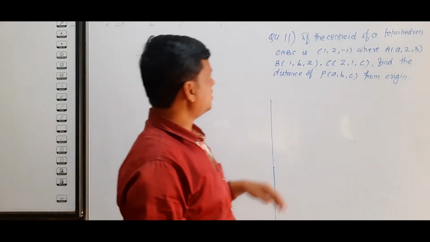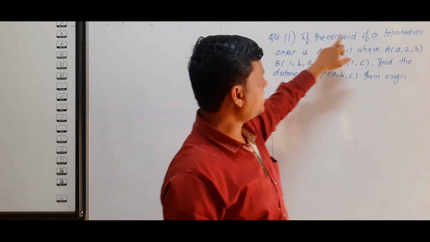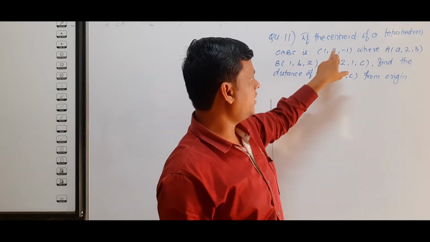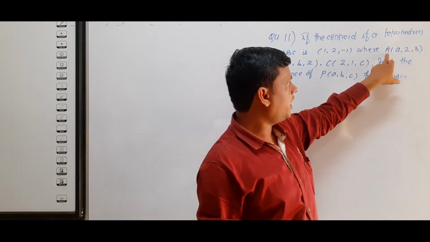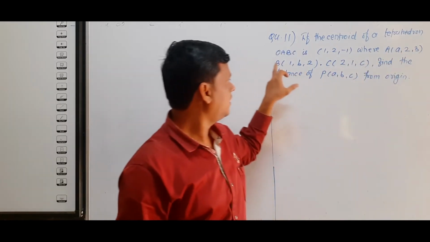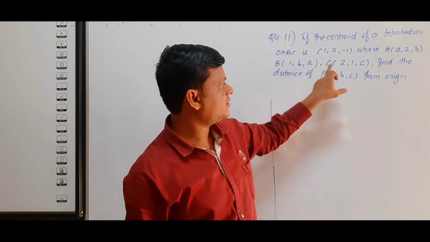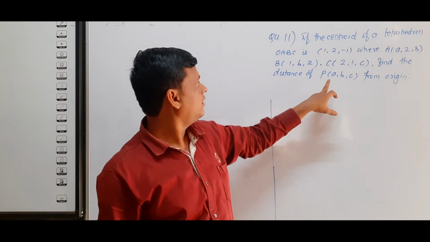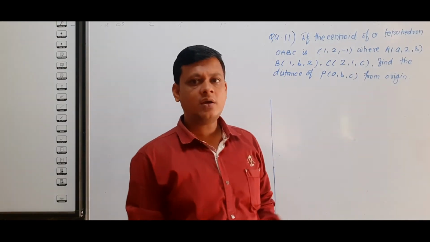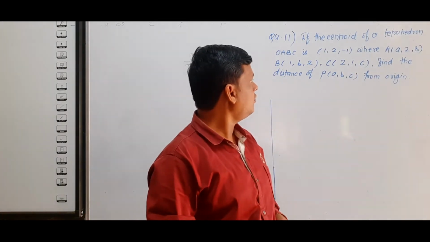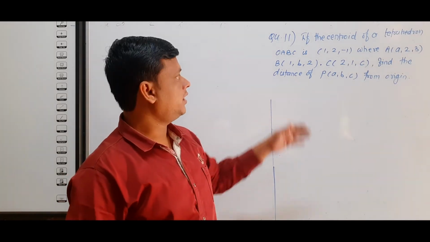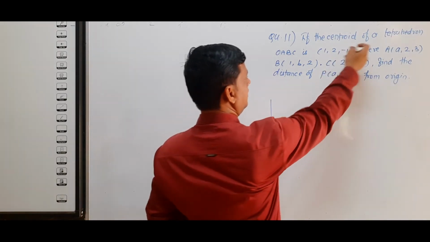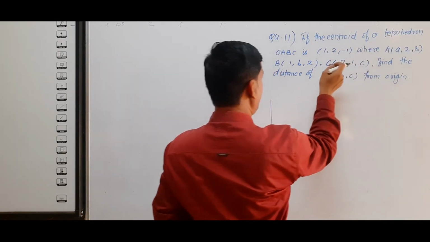Now see the question number 11. If the centroid of a tetrahedron OABC is (1, 2, -1), where A is (a, 2, 3), B is (1, b, 2), C is (2, 1, c), find the distance of P of ABC from the origin. So first we have to know the centroid formula for a tetrahedron.